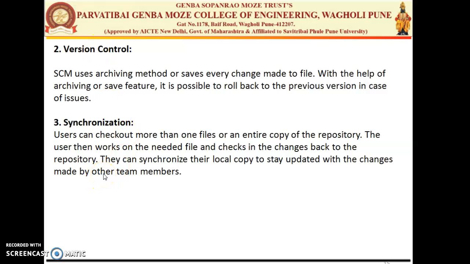The third one is synchronization. Synchronization is when there are multiple copies running in the background for the same application. Suppose there are 3 copies, edited by 3 different persons, and the copies' data is stored in the repository. Suppose the 3 copies contain a variable A whose value is 10.